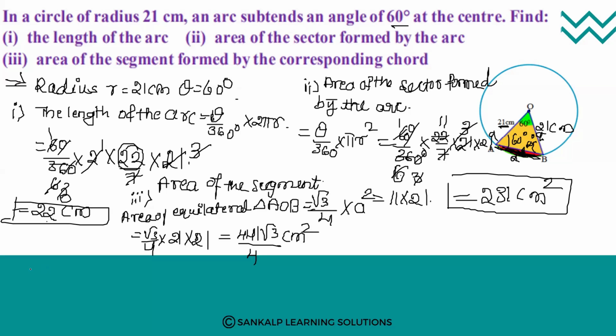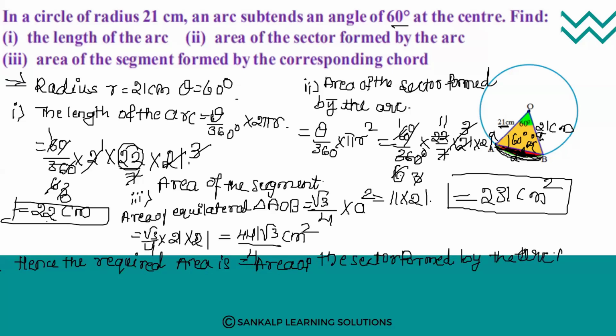So hence the required area is area of the sector formed by the arc AB, which is the arc here, minus area of triangle AOB.